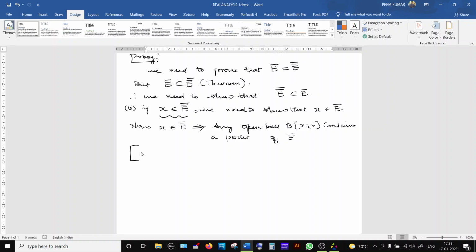That is, the point X, element of M, is a limit point of E if and only if any open ball B of x, r with center at x contains at least one point of the set E. This is a result already proved.